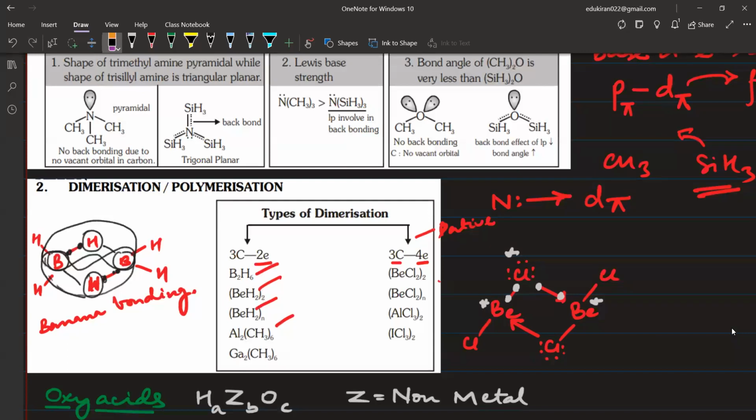Please write these down and also the examples, and write these two for the B2H6 and BeCl2. इसमें यहाँ पे लिख देता है अच्छे से dative bond. Dative bond is just another name for coordinate bond.